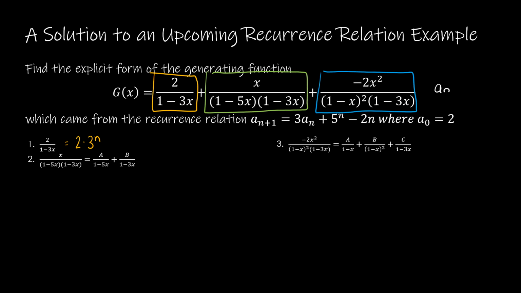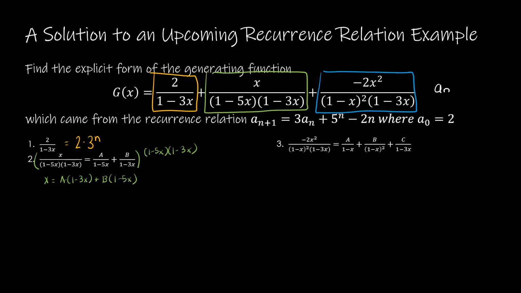For the second one, as you can see, I've got x over 1 minus 5x times 1 minus 3x. And this one's going to require partial fractions. And just as I did before, I went ahead and set this up just for the sake of time and space, because obviously I'm dealing with a small amount of space here. So if I take everything here times 1 minus 5x, 1 minus 3x, on the left-hand side of the equation I'll have x, on the right-hand side I'll have a times 1 minus 3x, and then plus b times 1 minus 5x.